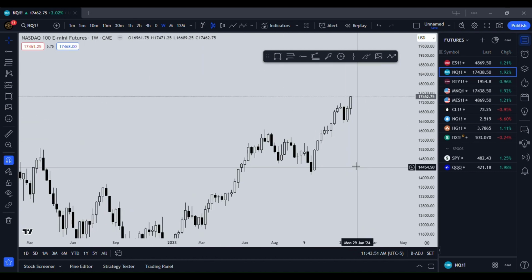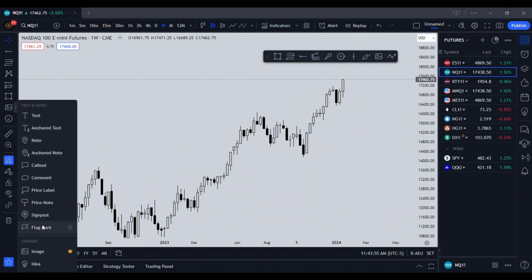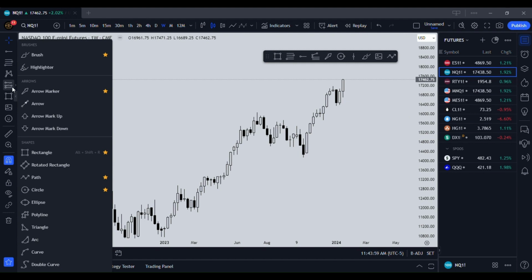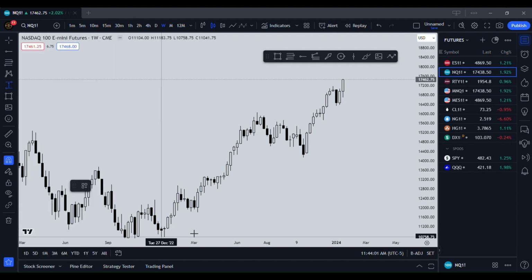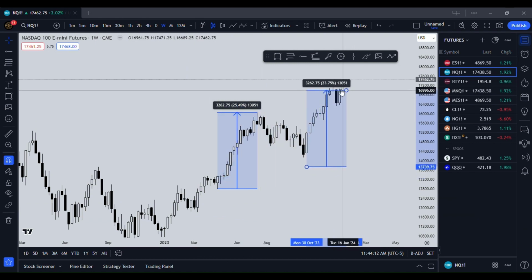And the other thing that I was looking at is if we measure these price ranges on this too. We look at these price ranges here. Let's just go from swing low to swing high. Okay. Let's duplicate that. Let's just see if this lines up with anything.